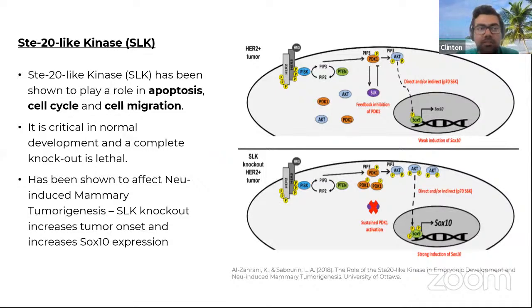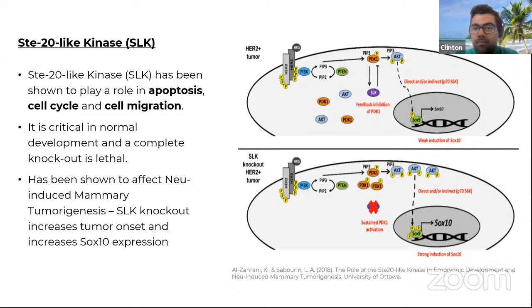My first master's was about studying a protein known as ST20-like kinase, or SLK. And this was in a cancer lab where we studied different cell lines, some mouse models. Essentially, we were working on characterizing SLK's role in apoptosis, cell cycle, and cell migration, some common cancer phenotypes.